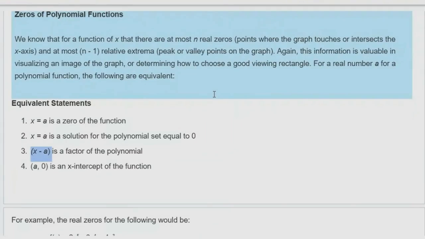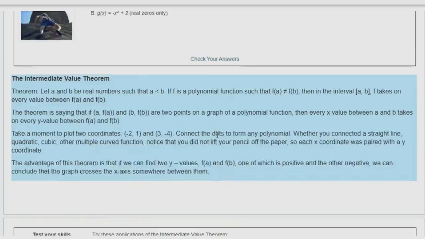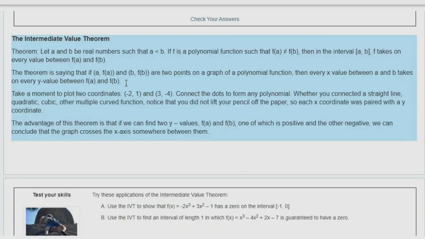So that is our assignment for this lesson, and it's based on this part of the lesson right here. Those are the same, and you can multiply those factors together to get that. We talked about the intermediate value theorem.